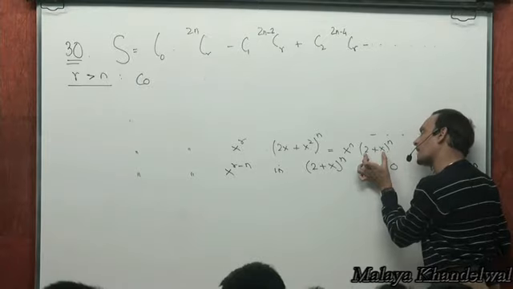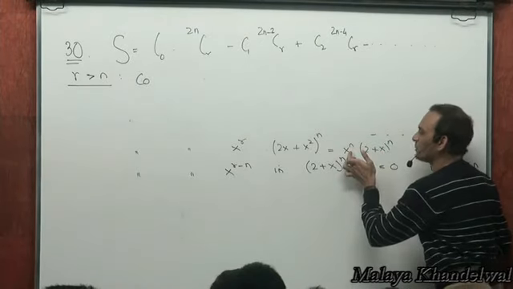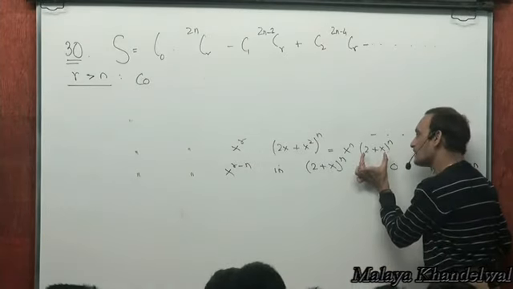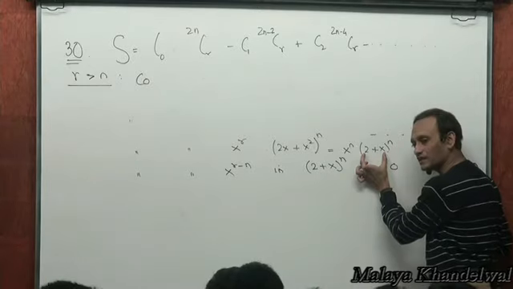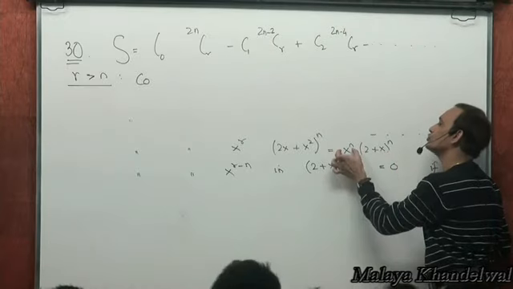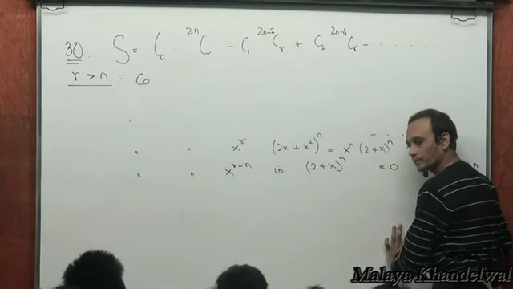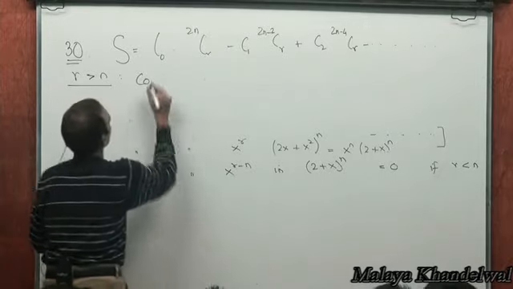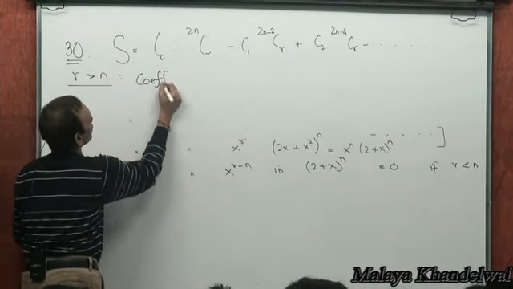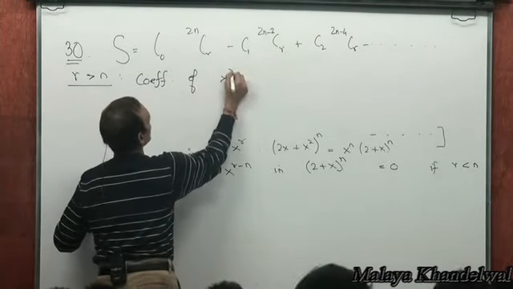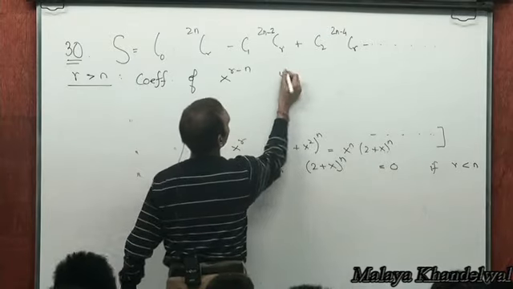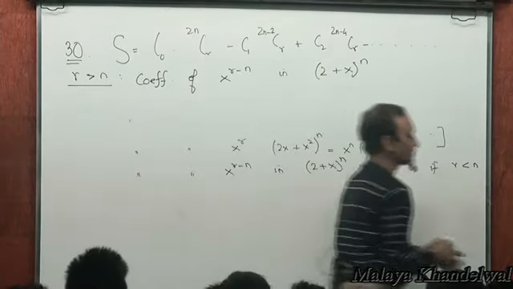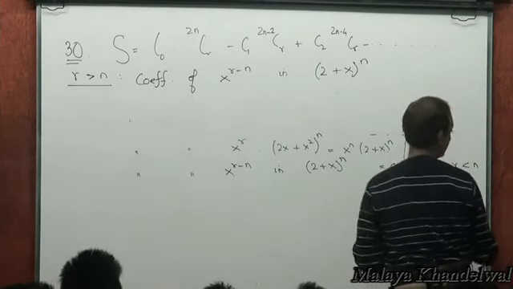I find the coefficient of x^(r-n), that when multiplied with x^n will give me x^r. So for r greater than n, I am finding the coefficient of x^(r-n) in (2 + x)^n. Clear? This is what we are trying to do here.